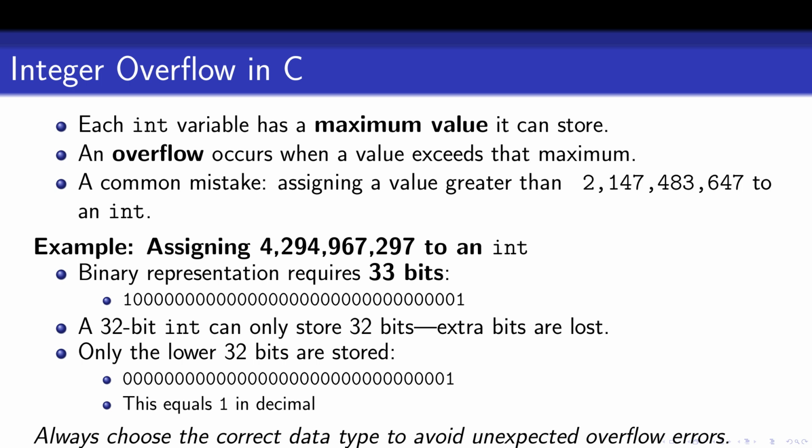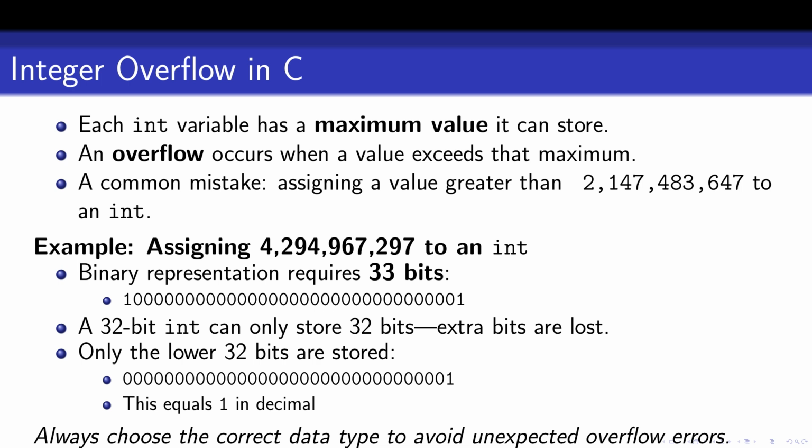Now let's talk about integer overflow. Every variable in C is stored using a fixed number of bits, and that limits how large a number it can hold. For example, a typical int uses 32 bits, which allows it to store values up to about 2 billion. If you try to assign a larger value, like 4,294,967,297, it causes an overflow.